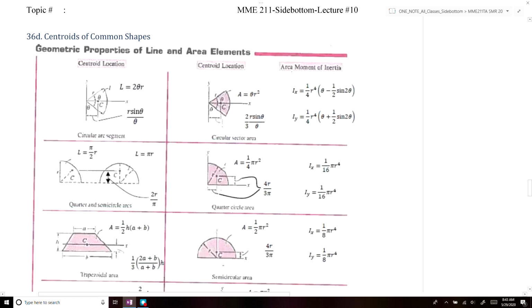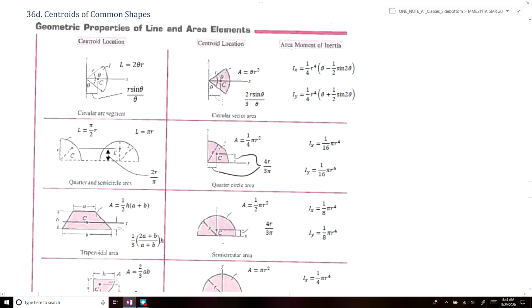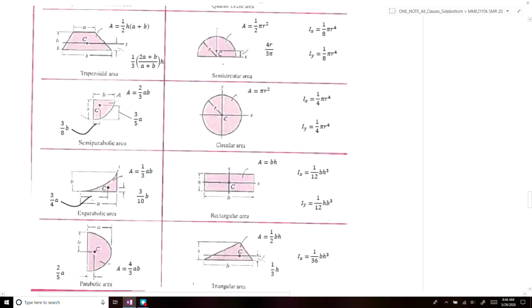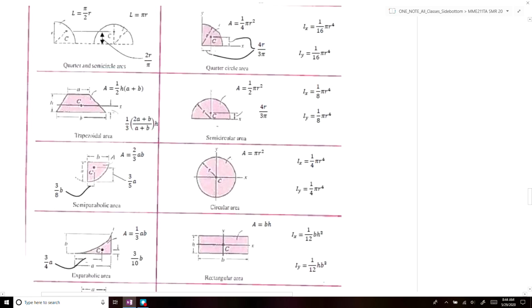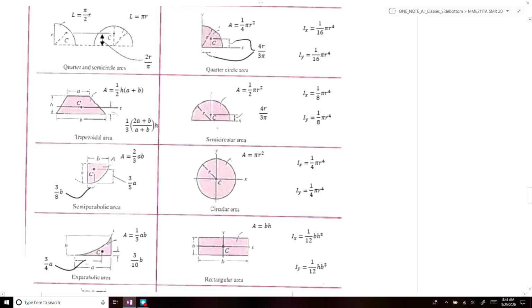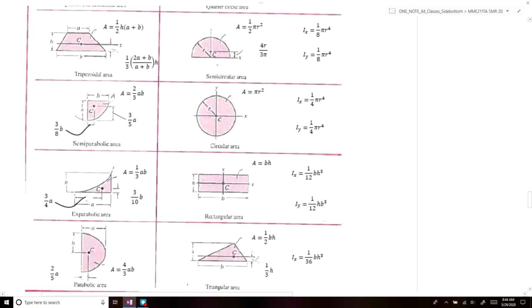These tables include the centroids and the areas of all these different types of shapes: circles, squares, parabolas, etc. For a triangle, for example, FRY would be equal to 1/2 times the base times the height of our triangle, and the centroid would be 1/3 from the base of the triangle.